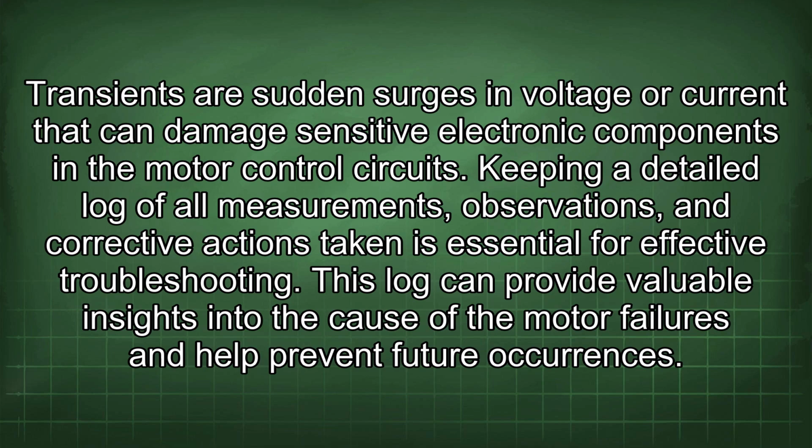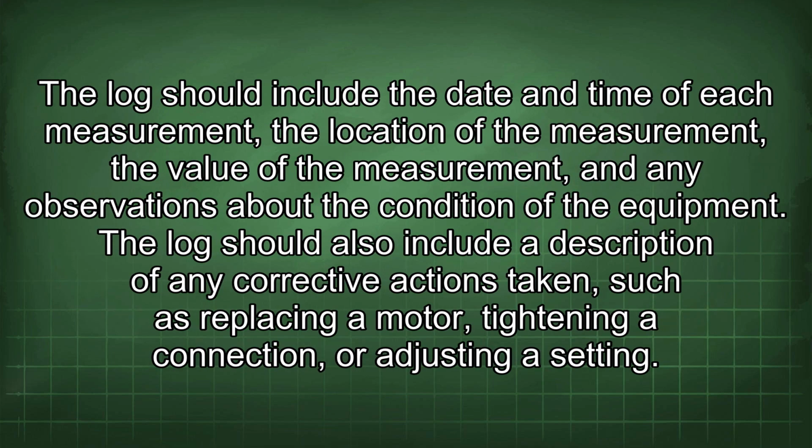Keeping a detailed log of all measurements, observations, and corrective actions taken is essential for effective troubleshooting. This log can provide valuable insights into the cause of the motor failures and help prevent future occurrences. The log should include the date and time of each measurement, the location of the measurement, the value of the measurement, and any observations about the condition of the equipment.